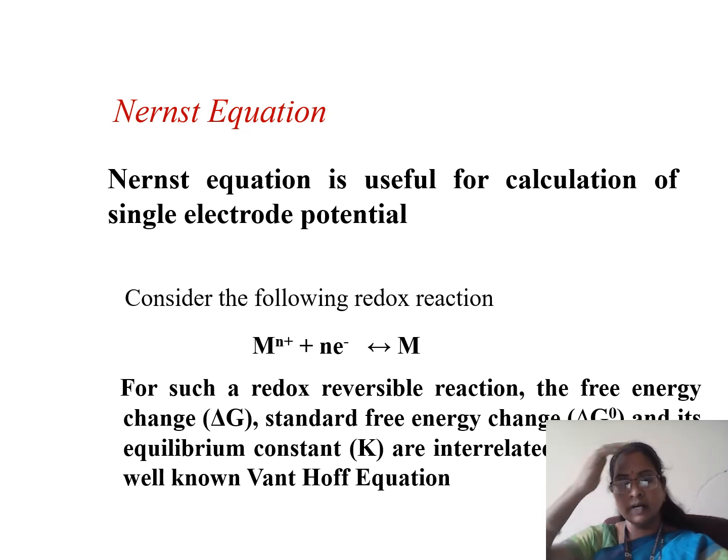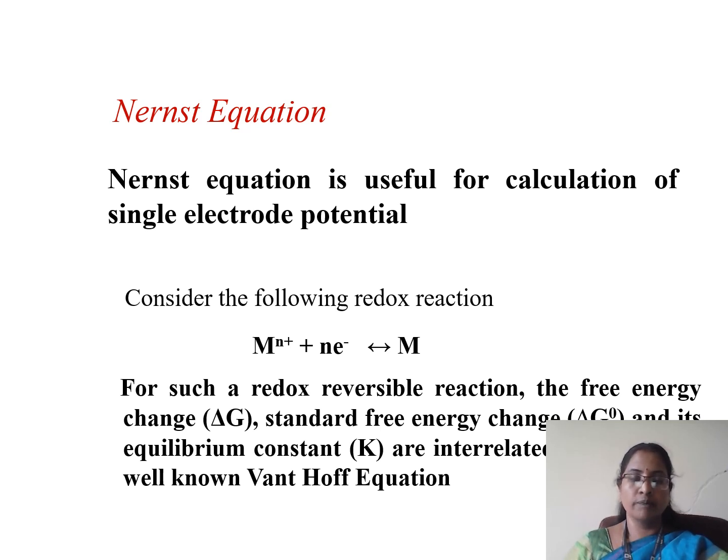According to Einstein's equation, energy is neither created nor destroyed. One form of energy is converted into another form. So here also the decrease in energy is converted into work. The standard Gibbs free energy is denoted by delta G naught, which is measured at standard condition.